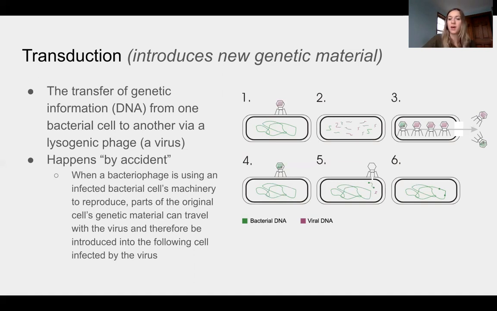So basically when the virus is recondensing its own genetic material in that capsid, sometimes fragments of the host DNA can just get mixed up in there. And then it will be carrying that host DNA when it goes and infects a new cell. So when it infects that new cell, sometimes it can insert that DNA into their DNA, and that's just a way for genetic diversity to happen within prokaryotes.